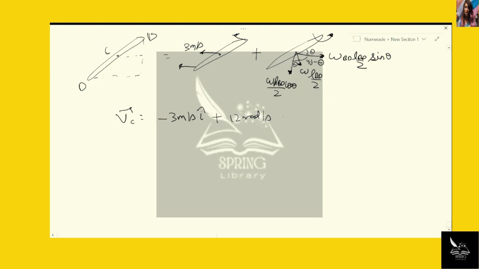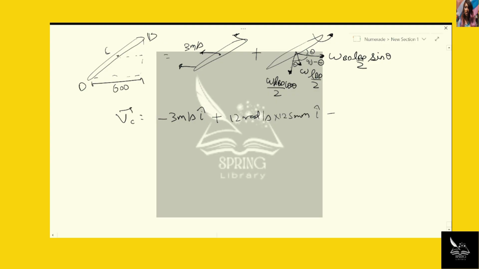Then LBD sine theta, we have figured out LBD sine theta was 250, so this will be times 125 millimeters. And then in the vertical direction, it's pointing down. So we have minus omega LBD cos theta.